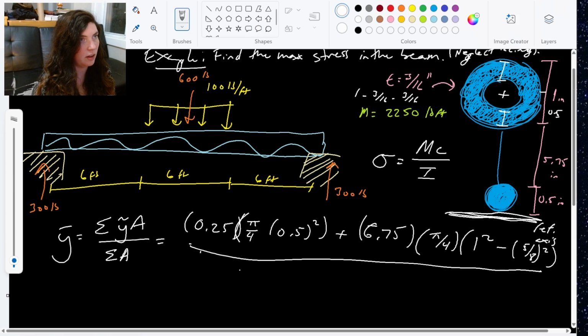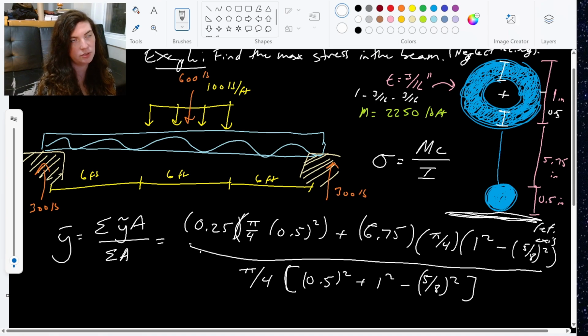And then I divide all of that by my overall area. My overall area is added together. So the 0.5 squared plus the 1 squared minus the 5/8 squared. And they're all multiplied by pi over 4, so I just move that term out to the side here, but you can keep them all together if you like.